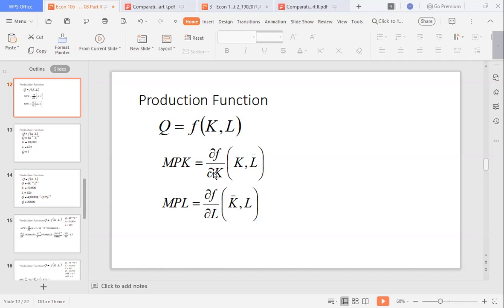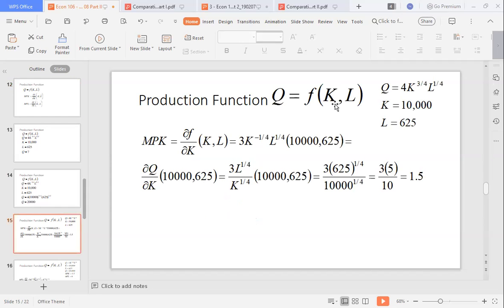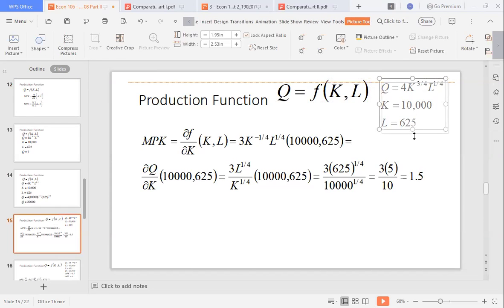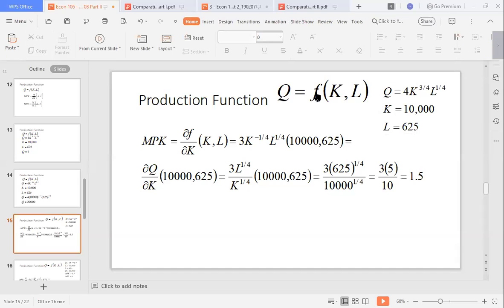But if you have values already, class, it might tend to be a bit complicated. But all you have to do is to substitute those values. So I put the given on the side, and these are just a guide for you. We answered this one earlier with my ECON 106B class, and I think we can just go ahead and discuss what we did.